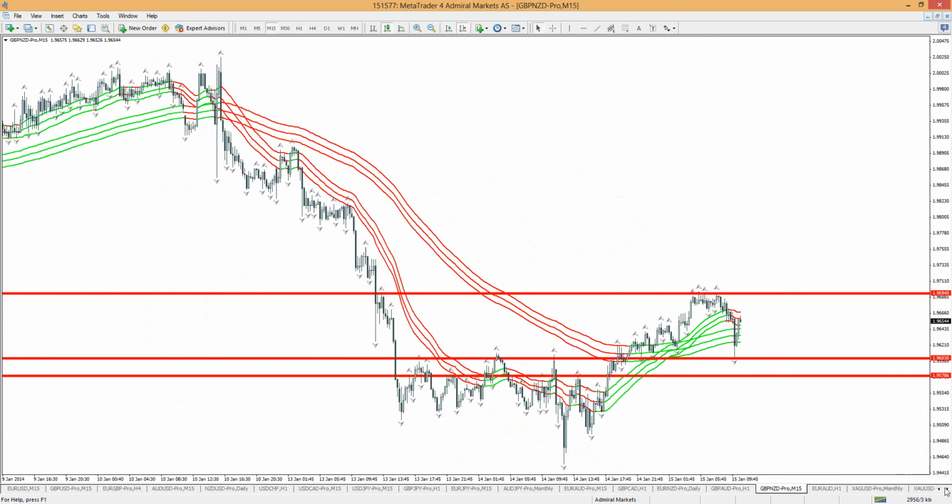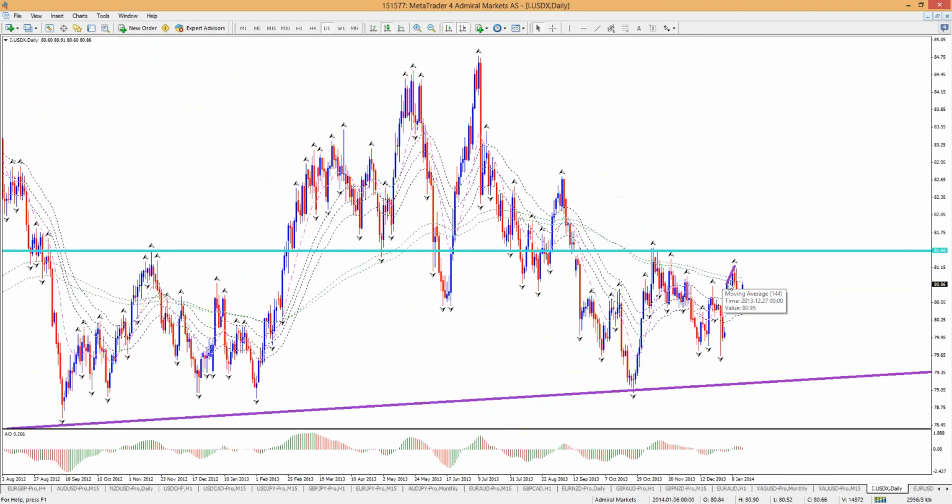Yeah, dollar index, certainly. Good idea, actually. I will take a look at the Camarilla, maybe. Actually, I forgot about that.